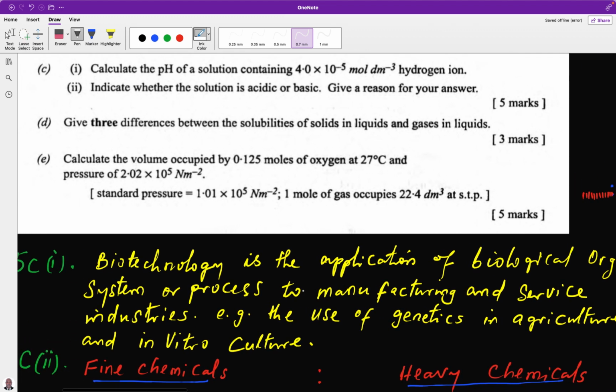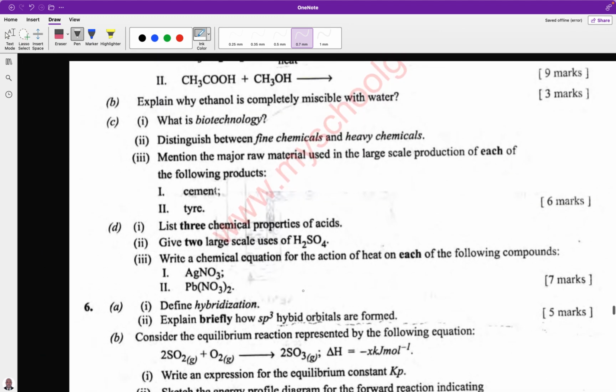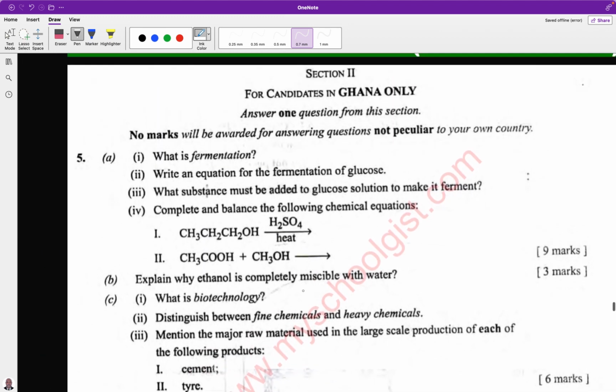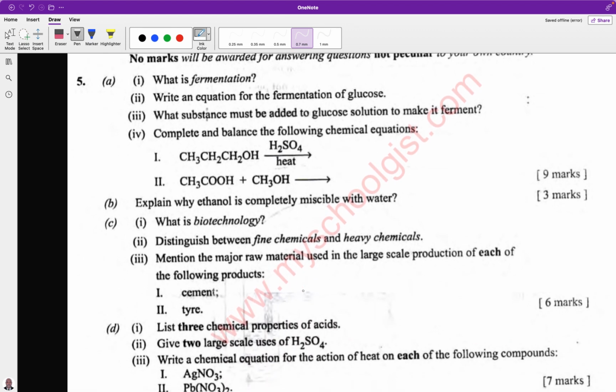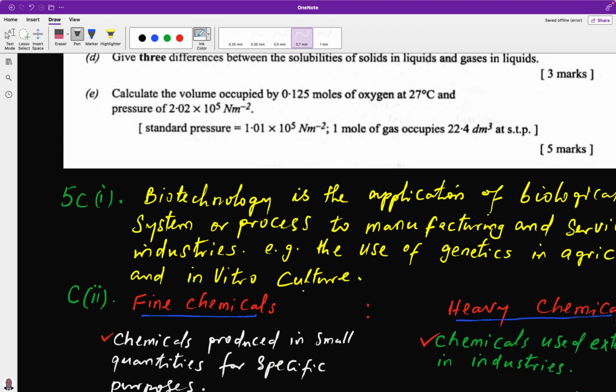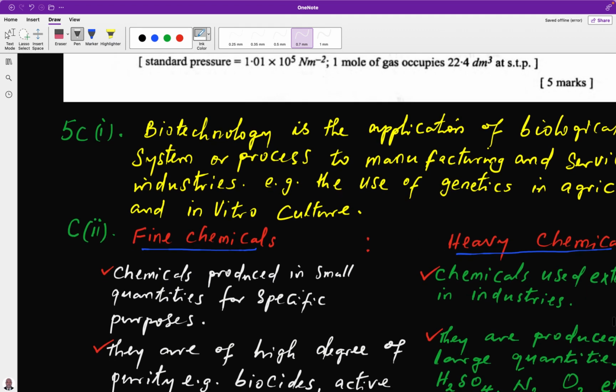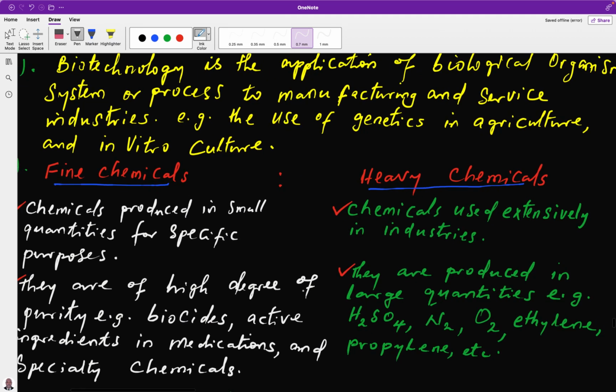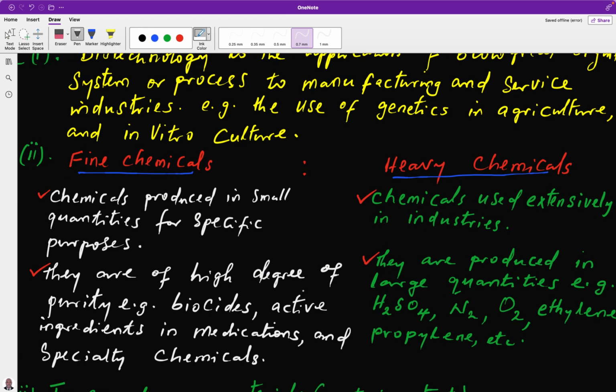Then C2. 5C2: Distinguish between fine chemicals and heavy chemicals. Just from the words fine and heavy, you will notice the first difference has to do with quantity and quality.